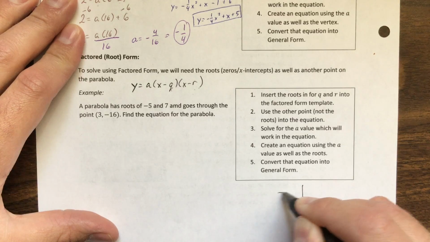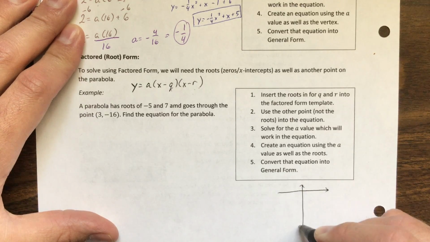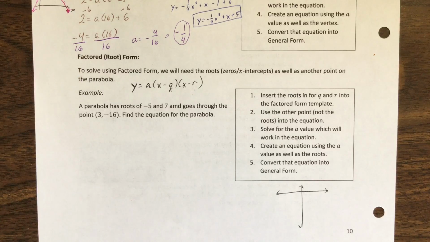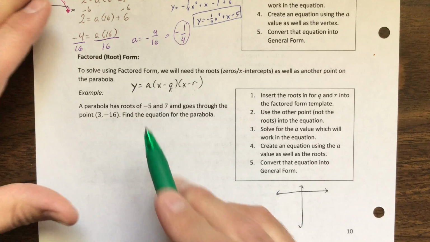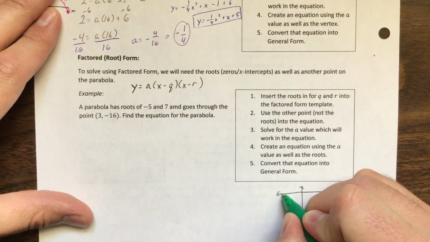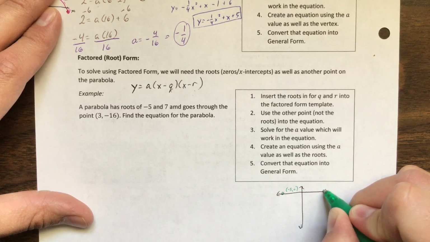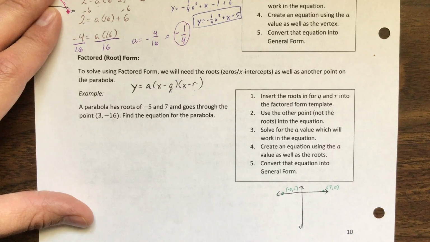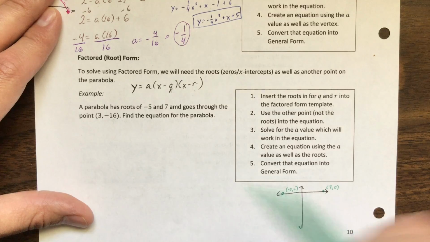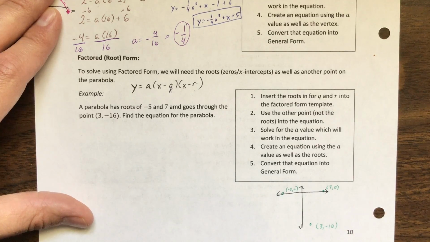Now this graph here, I'm just going to draw it out really quickly. We're given a question where a parabola has roots of -5, which would be right here, (-5, 0), and 7, right here, (7, 0). Those are the roots that it has, and it also goes through the point (3, -16), which is going to be right there.